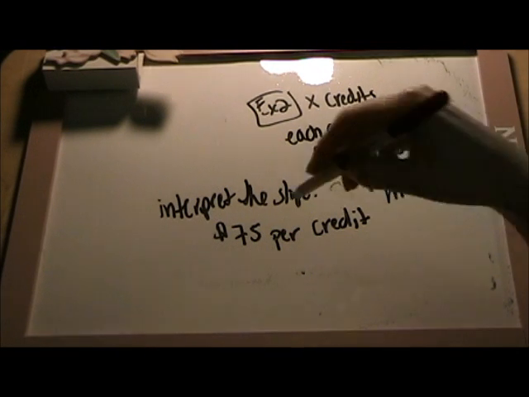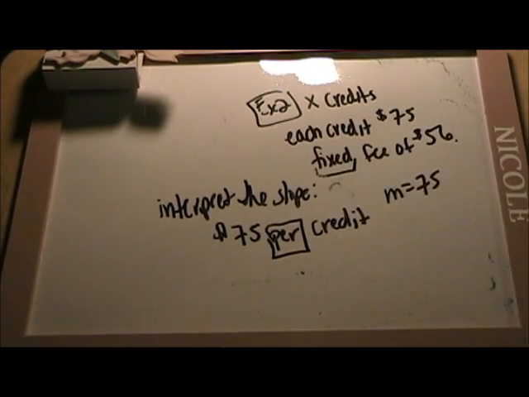So here they didn't give us that word, but we can make it so that it is using dollars per credit.